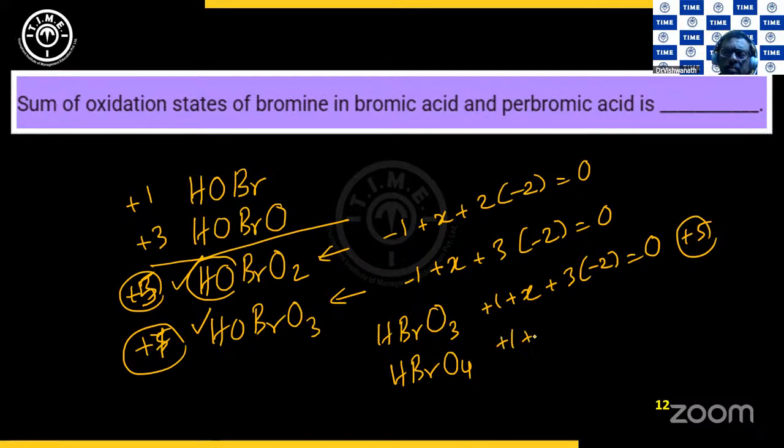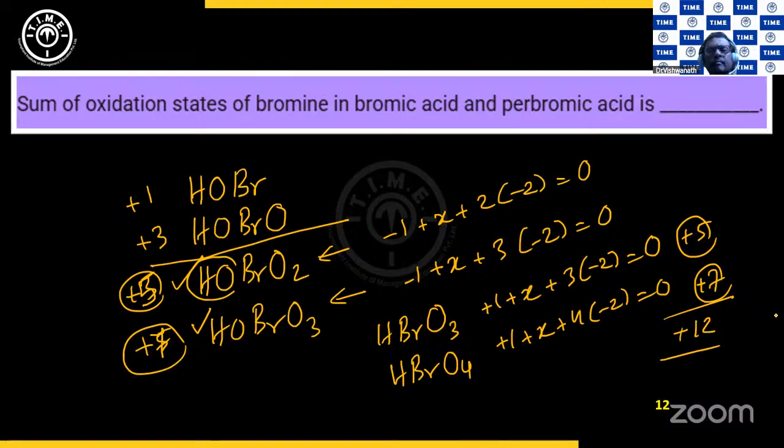And then plus 1 plus x plus 4 into minus 2 is equal to 0. So x is plus 7. Together it will be plus 12. Clear? So sum of oxidation states. So somewhere we have made a mistake there. Check that part. This part is clear for us. This is HBrO3, which is actually in the form of HOBrO2. Clear?